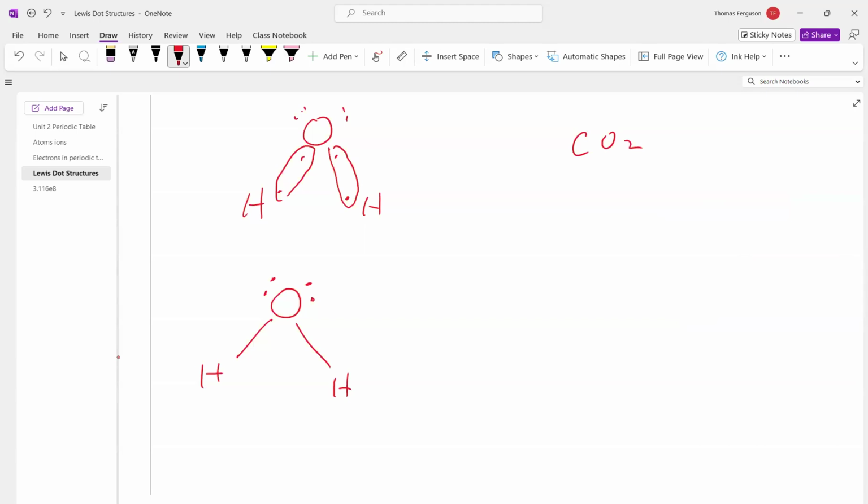Carbon. Carbon has 4 singletons. So carbon is in the middle. The oxygens are going to be around the carbon. Notice I moved the 2 pairs to the back. So you can move the singletons around as long as you keep them singleton for convenience.